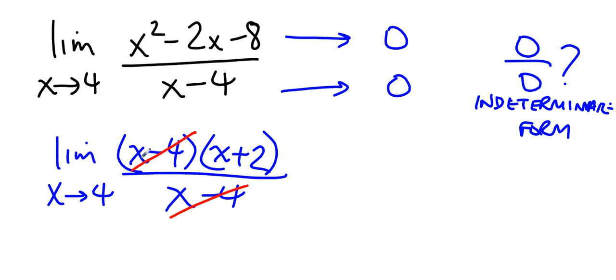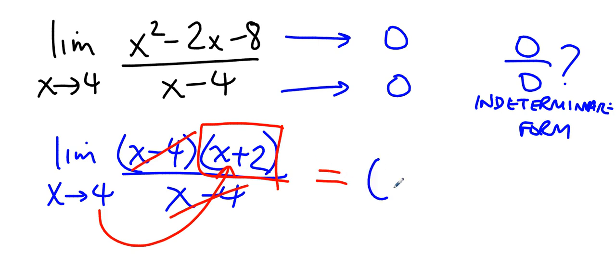We're taking a limit as x approaches 4, so we're not interested in what happens at 4. This factor is never 0, because we only care about what happens near 4, not at 4. So we can cancel them. Then we look at what's left, and 4 plus 2 is 6, and that's our limit.